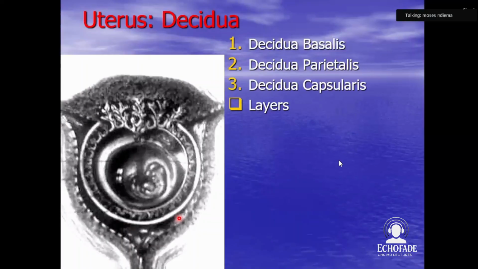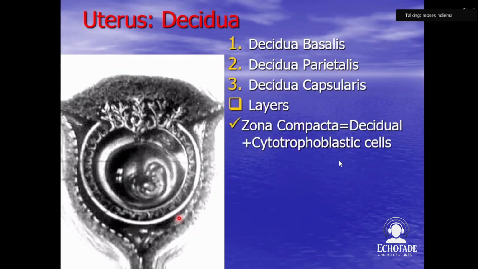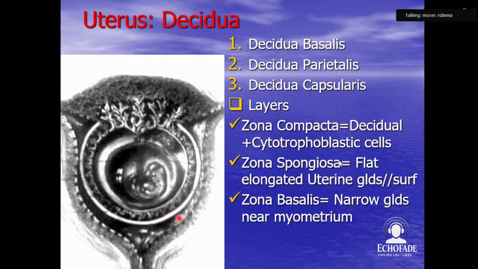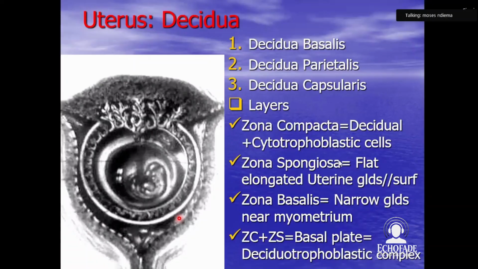But if you take a section through the uterus, the deciduum comprises the compact zone, zona compacta, consisting of decidual and trophoblast cells. Zona spongiosum consists of flattened endometrial glands opening into the surface, and then zona basalis, what was initially the stratum basalis, consists of narrow glands near the myometrium.